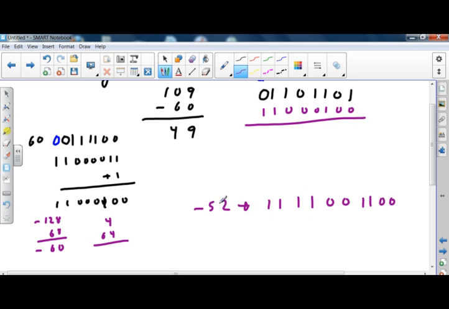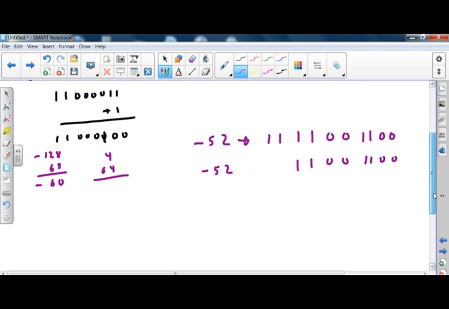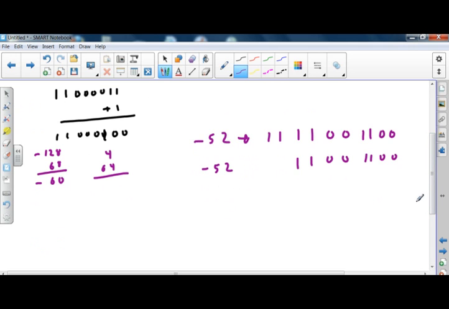So minus 52 on my calculator, I have 1, 2, 3, 4, 5, 6, 7, 8, 9, 10 bits. Well, what am I doing 10-bit math for? Isn't 1, 1, 0, 0, 1, 1, 0, 0, that 8-bit, also minus 52? Is it not?